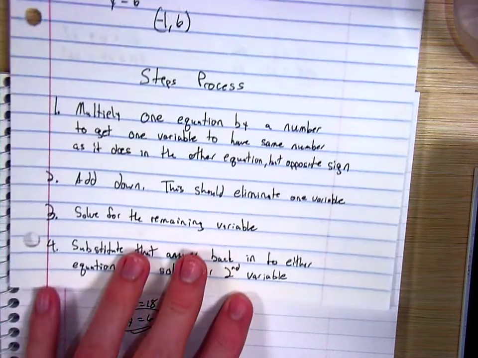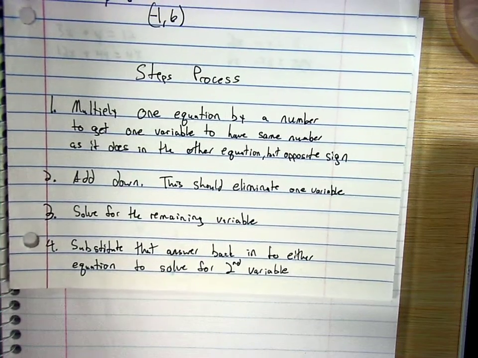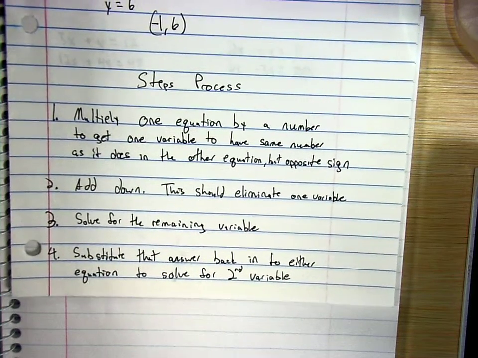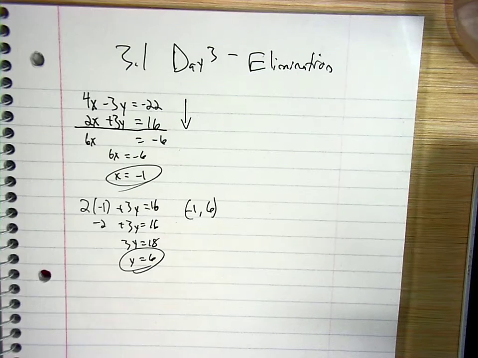Here are the steps or process that we would go through. If I'm going too fast for you on this part, go ahead and just pause if you want to write those down, or feel free to change those into your own words. Okay, step 1 is we want to multiply one equation, or even both equations, by a number to get one variable to have the same number as it does in the other equation, but have the opposite sign. In our first example, that was already done for us.